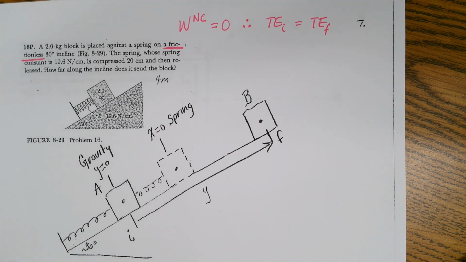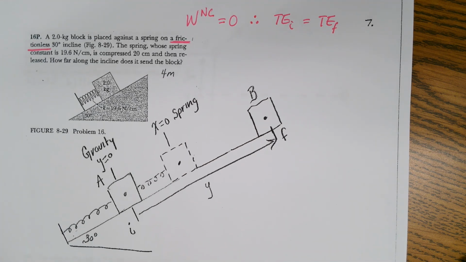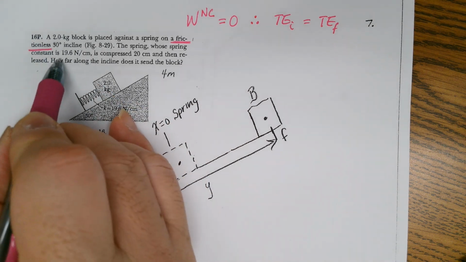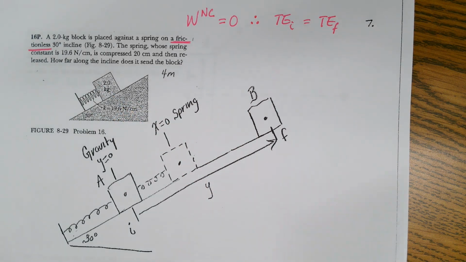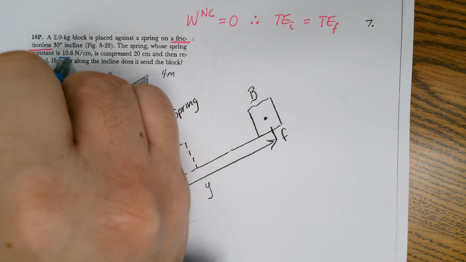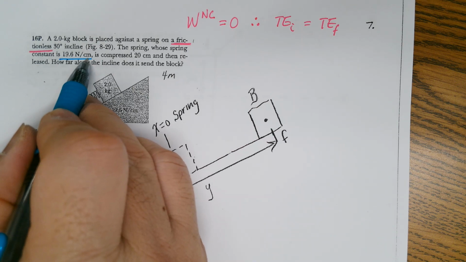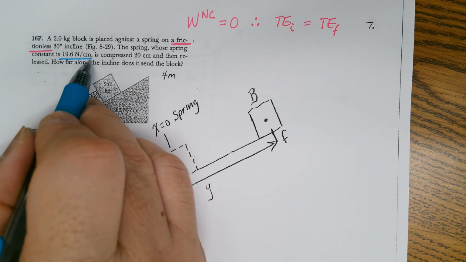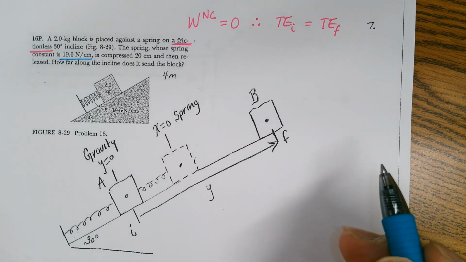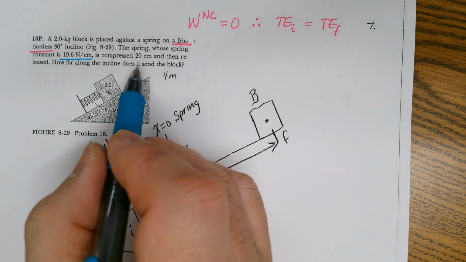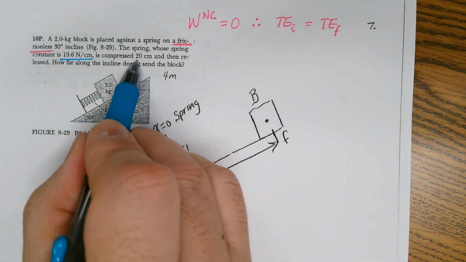Therefore, the spring constant is equal to 19.6 newtons per centimeter. So be careful with that. And it is compressed 20 centimeters.